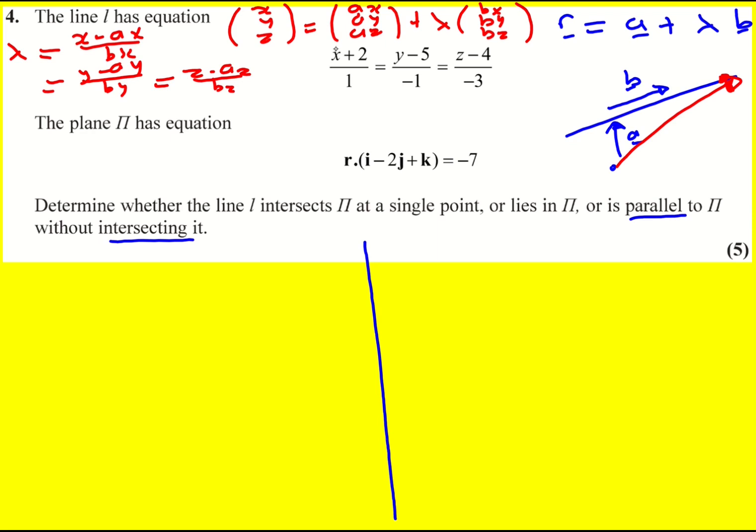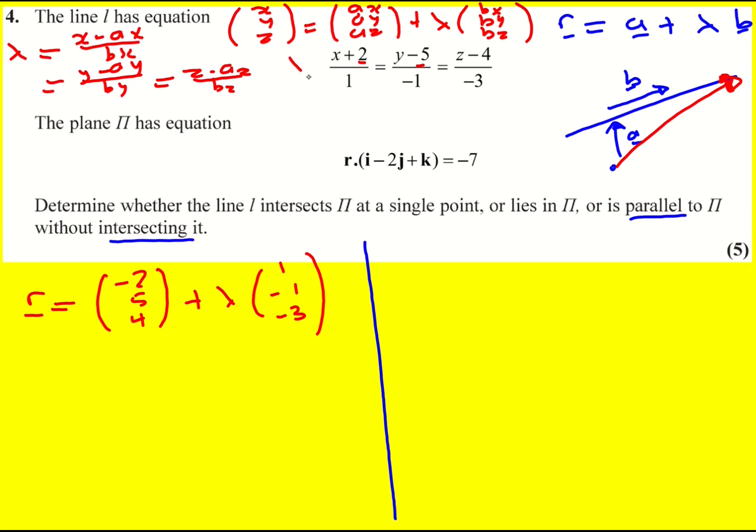Because now you can see, right, well, I've got my ax, it's just minus 2, for example. So for us, I've got r is going to equal, and I'm basically just taking the negative of each of these top bits, minus 2, 5, 4, plus lambda, and then the b's are going to be 1, minus 1, minus 3.